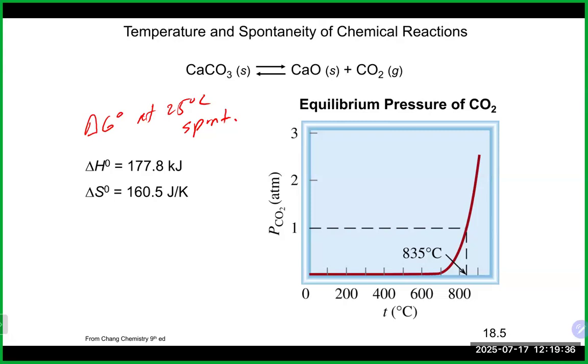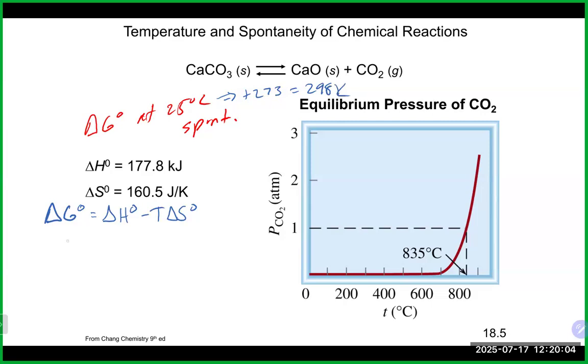All right, so let's take a look. Again, we're given the delta H, and we're given the delta S as well. So why reinvent the wheel? We can just use the formula that has both of those in there, and that would be this one right here. Obviously, we need to convert our temperature into Kelvin, so that's 298 Kelvin.